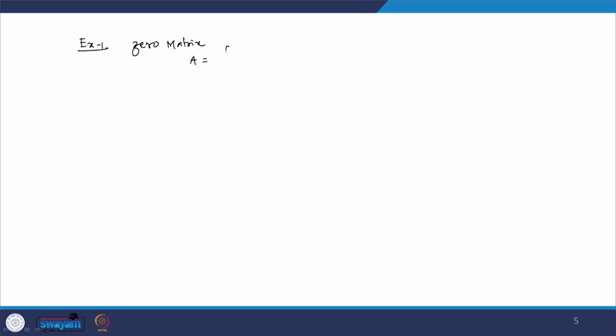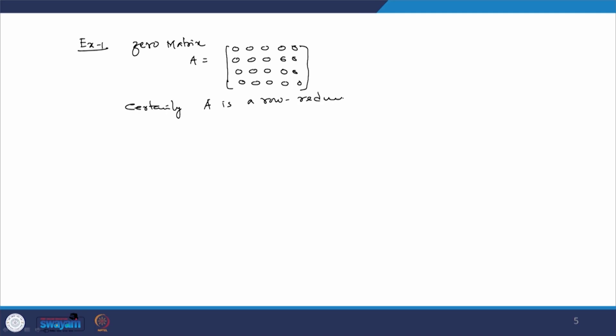That is, if A equal to 0 0 0 0, suppose you consider this one, then certainly A is a row reduced matrix, that is, the first criterion is satisfied, and also all other criteria here are satisfied.